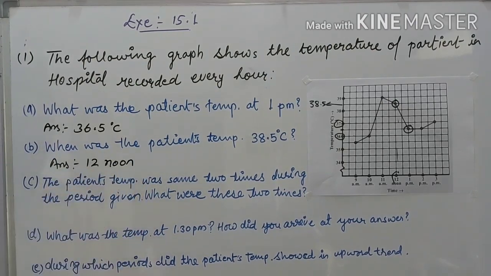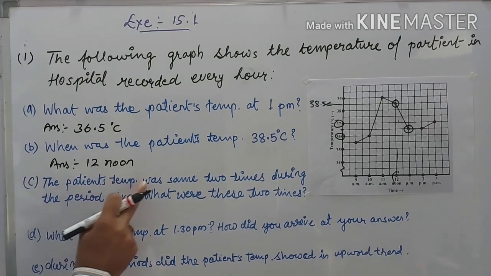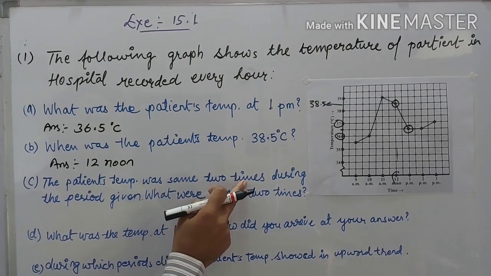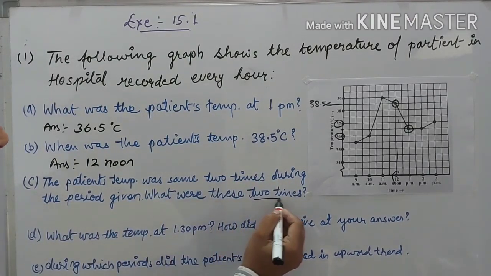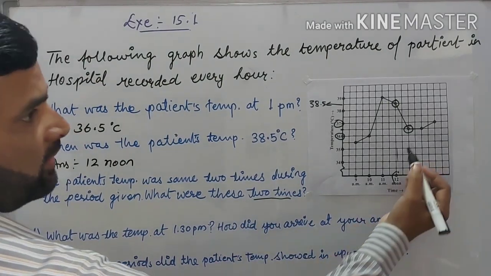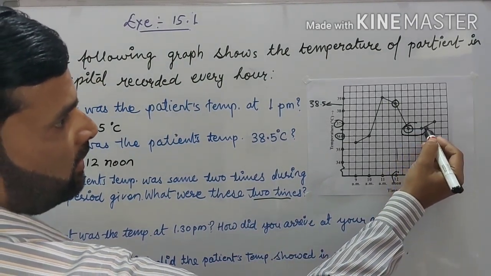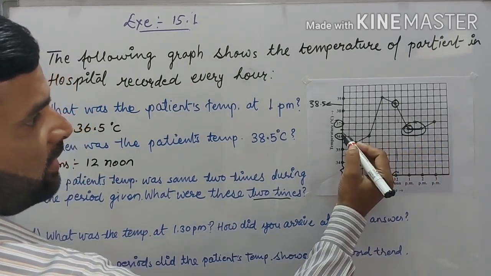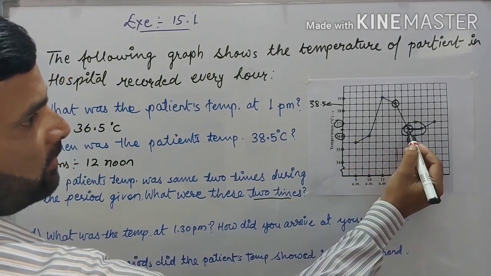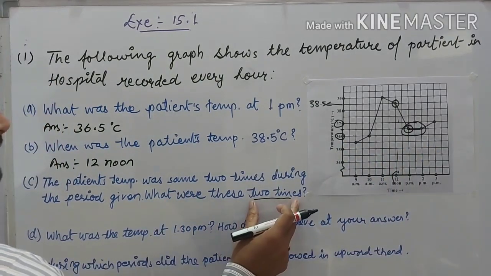Okay, now the third question. It asks: the patient's temperature was the same at 2 times, what are those 2 times? You can see in this part of the graph the temperature is the same. This temperature is 36.5, but we don't find the temperature, we find the time.